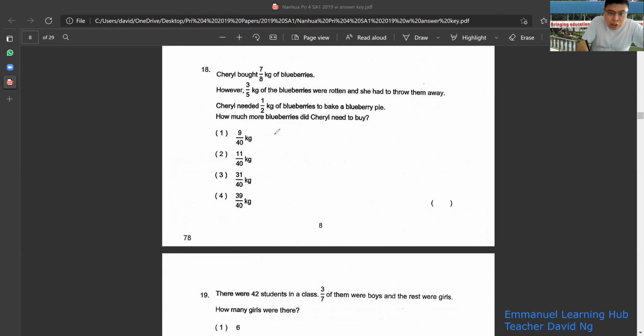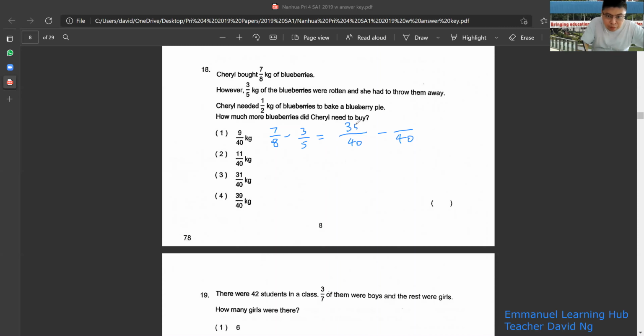You see, she had 8 kilograms. 3/5 kilogram rotten, right? Okay, 8 times how many is 40? 8 times 5. So this numerator should be 35.